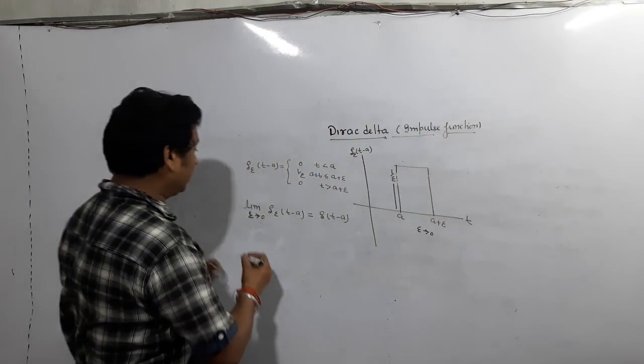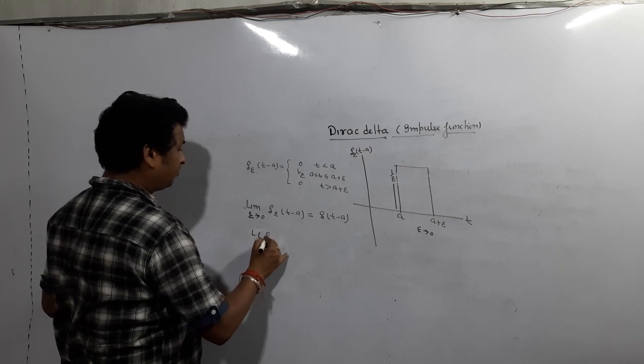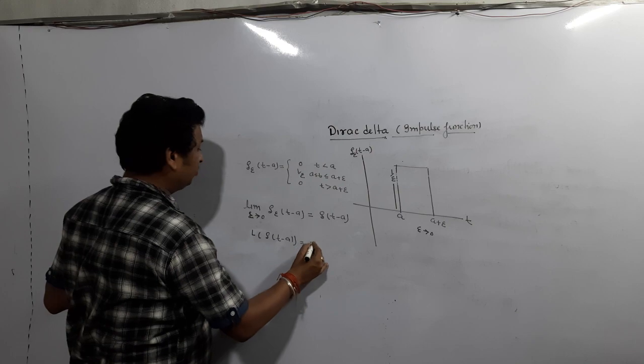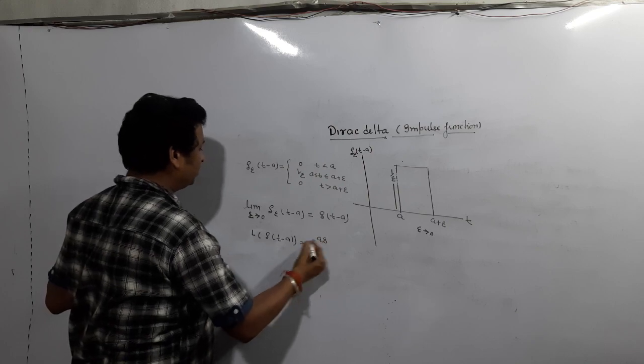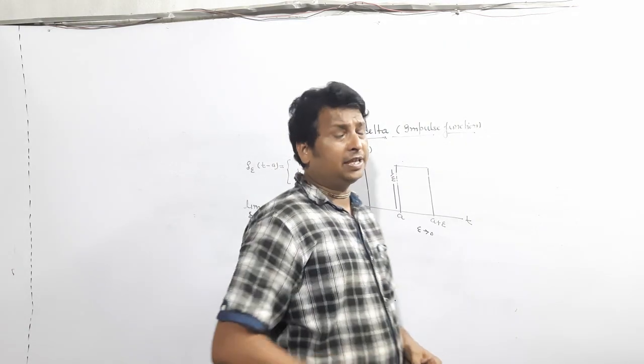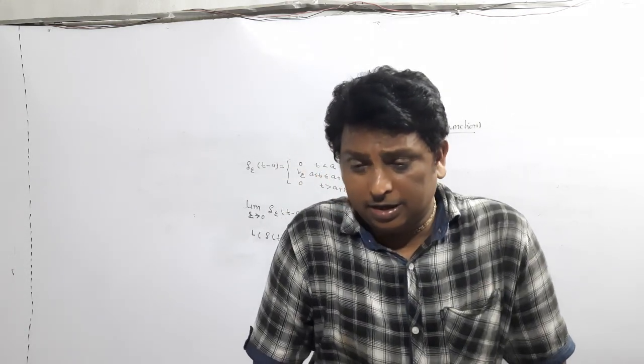So now what is the Laplace of delta (t − a)? Its value is e to the power minus as. Just one formula is there, and that is the Laplace of the Dirac delta is e to the power minus as.